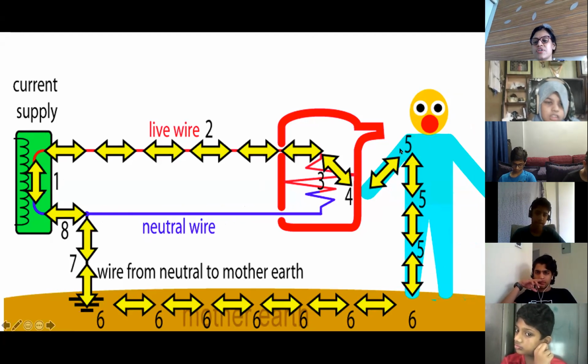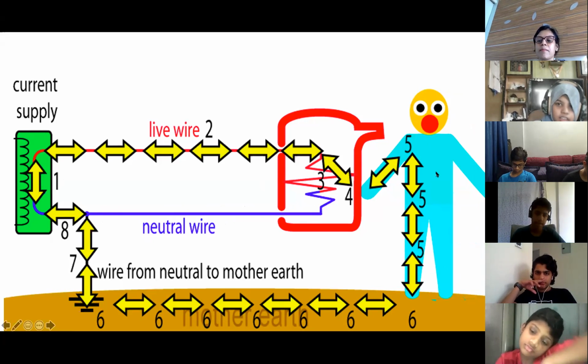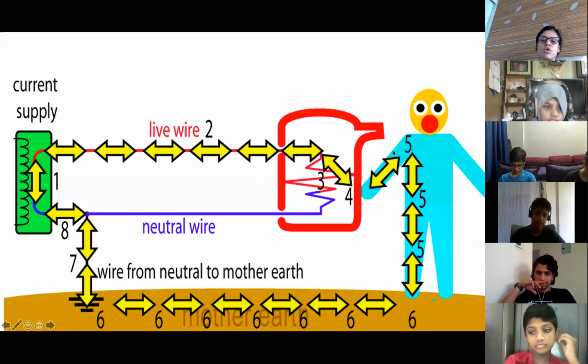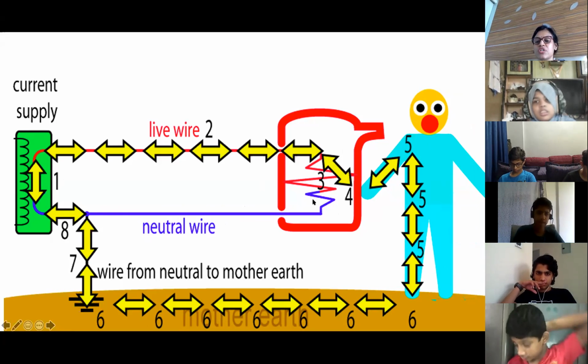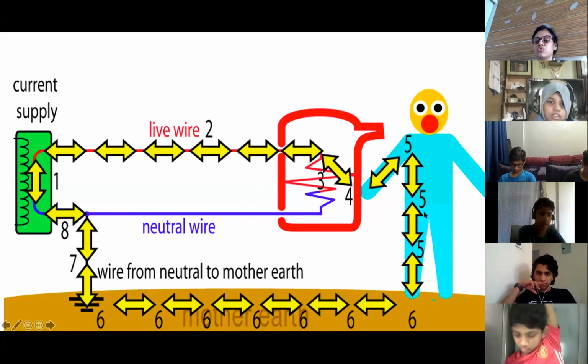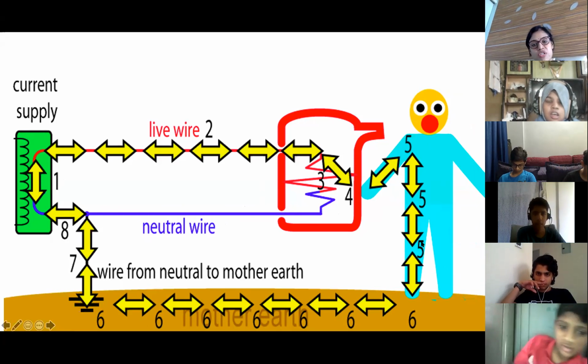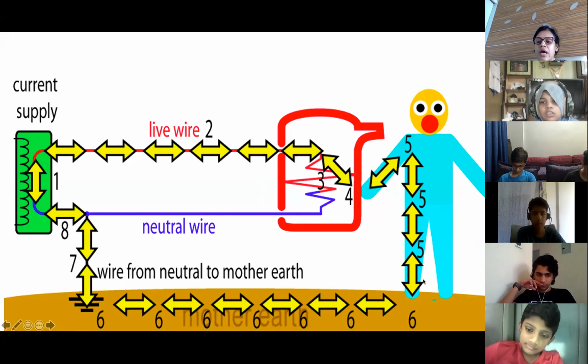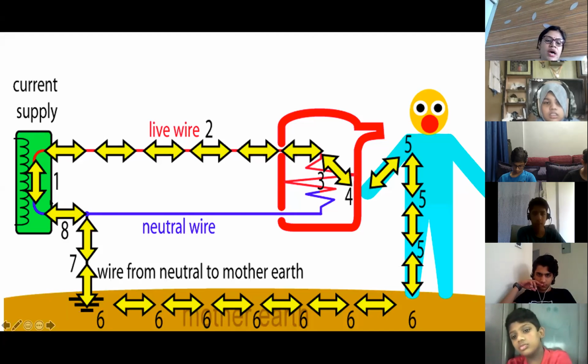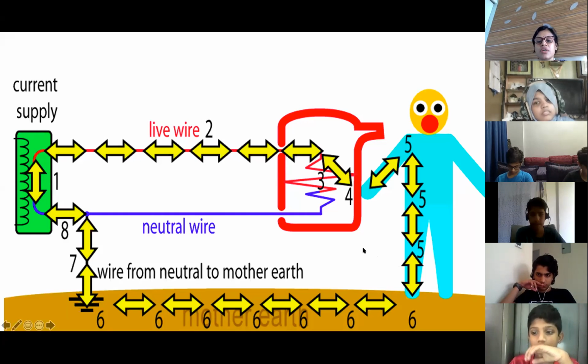This goes here and to the ground, and water is a good conductor of electricity. So you get a shock because the current does not flow through the neutral wire. Instead it comes through your body, because our body is also a good conductor, and it goes to the ground. As the circuit is complete, you will get a shock.